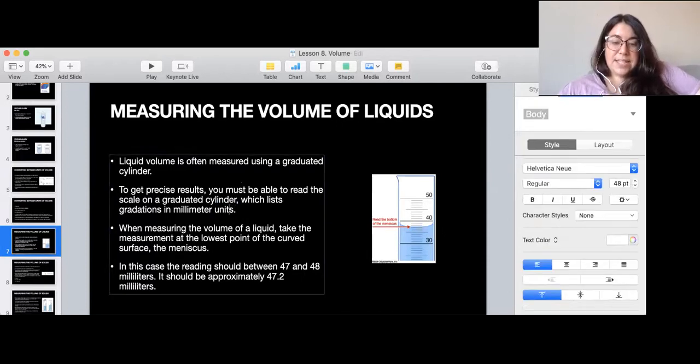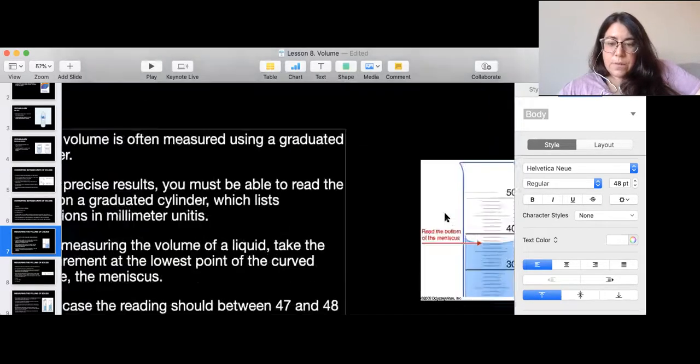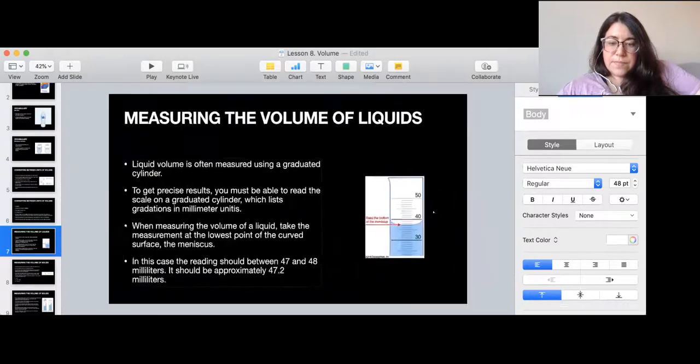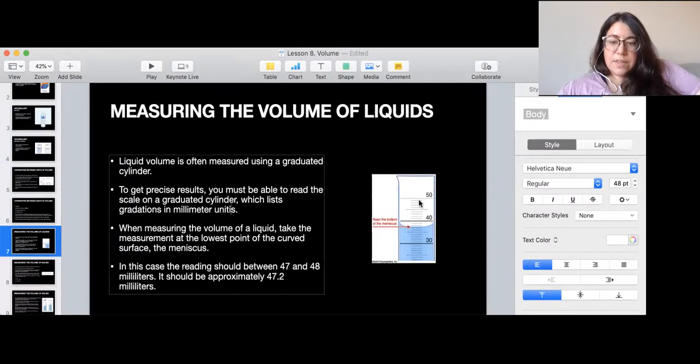In this case, if you zoom in really close, the measurement should be between 37 and 48.